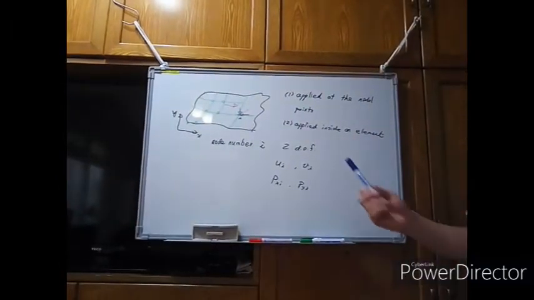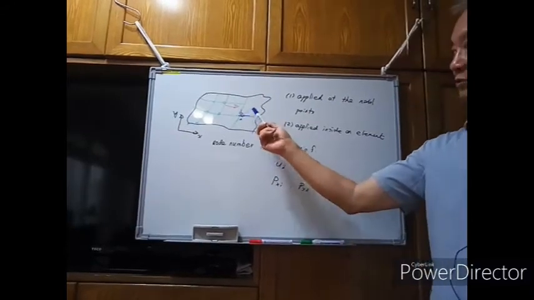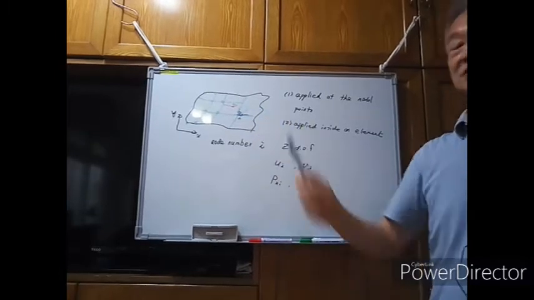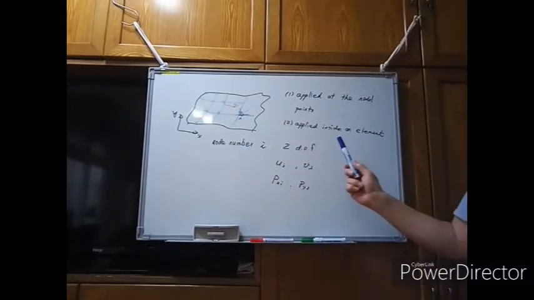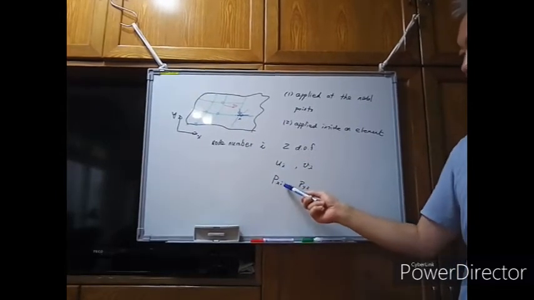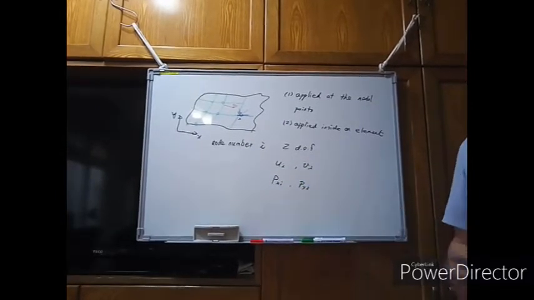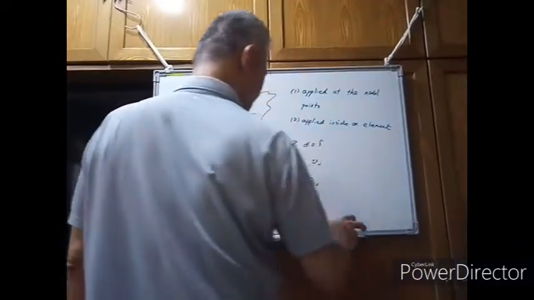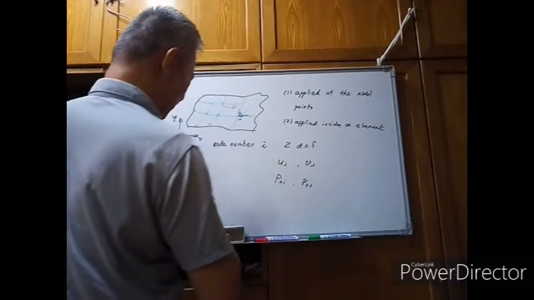Okay, so you can always decompose a concentrated load into 2 separate component loads. Okay, so if we have the concentrated loads applied at these points, then the corresponding work done by these 2 forces.